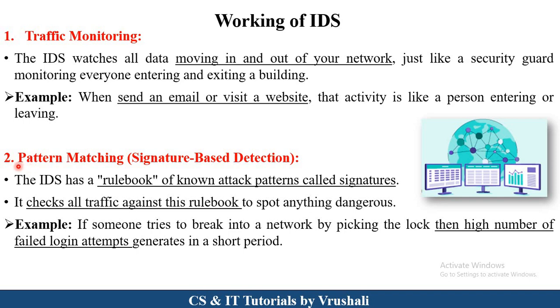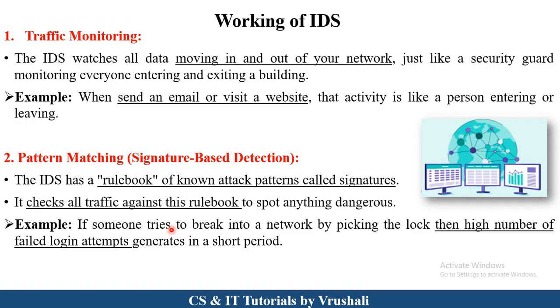Now the next one is pattern matching, which is also called signature-based detection. This IDS software has its own rule book. They match particular traffic according to a pattern, which is also called a signature. For example, someone logs in to a particular computer but tries a high number of passwords, logging in multiple times.